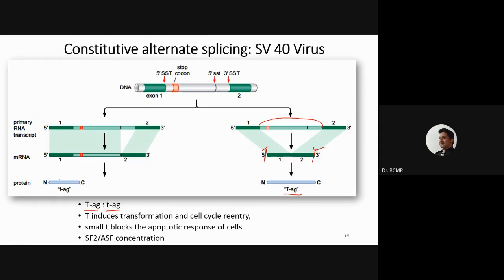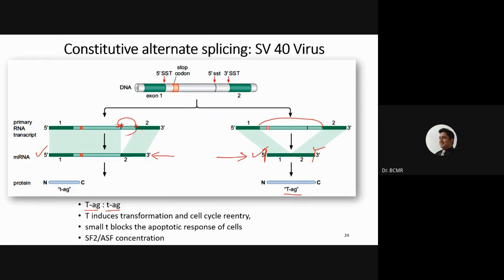Why is the smaller one small? If you see at the level of mature mRNA, you will find that the one that is spliced together is smaller, whereas the one that is improperly spliced, basically here splicing is happening between these two, or the joining, right?